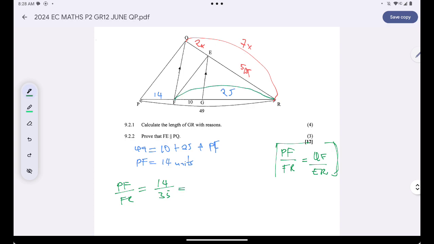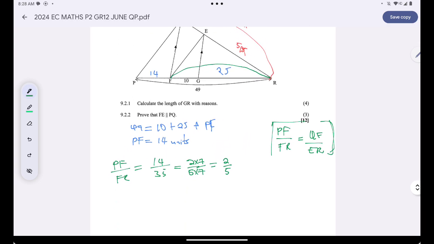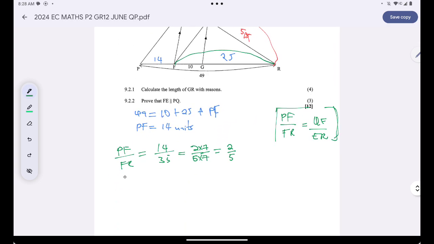So this will be 2 multiplied by 7 over 5 multiplied by 7. The 7s will cancel. I'll be left with 2 over 5. It simply means that the ratio of PF to FR is 2:5. Please remember that I was given the ratio of QE to ER as 2:5.